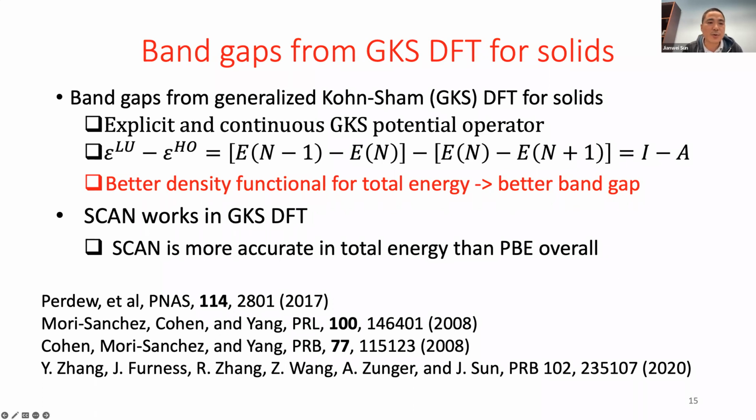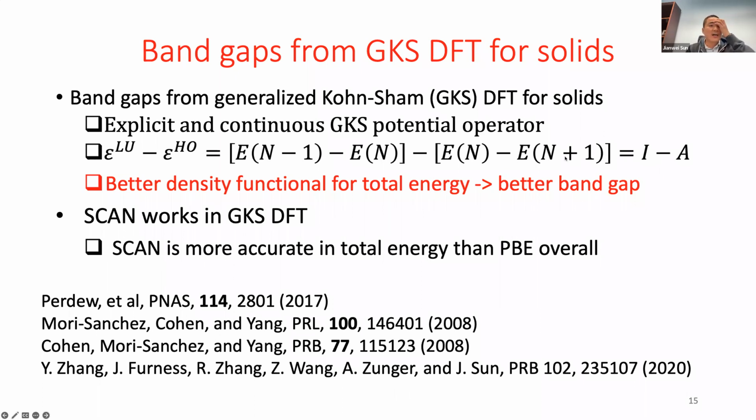But recently our work shows that within generalized Kohn-Sham DFT, where the effective potential is not multiplicative but is instead an explicit and continuous potential operator, we proved for solids that the generalized Kohn-Sham orbital band gap, the first one here on the left, is equal to the fundamental band gap defined by these total energy differences.